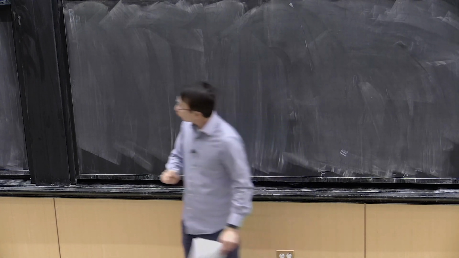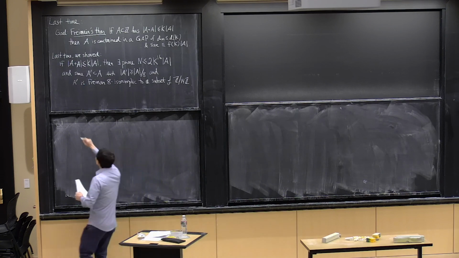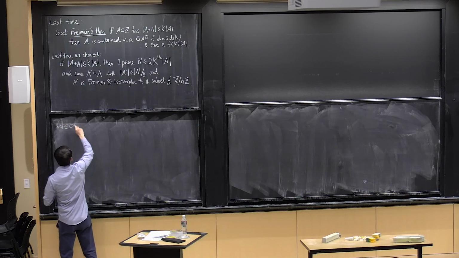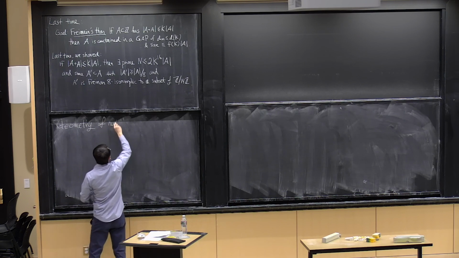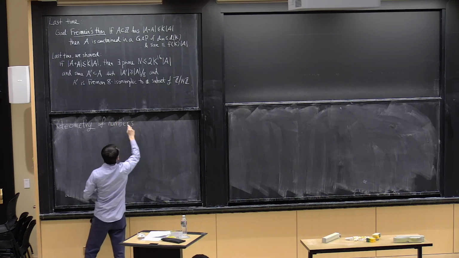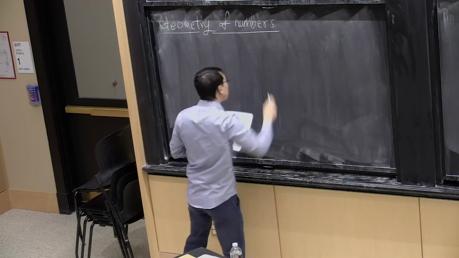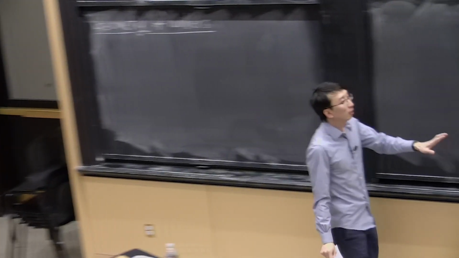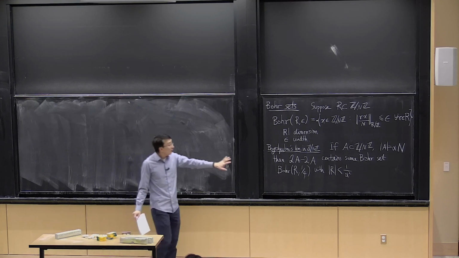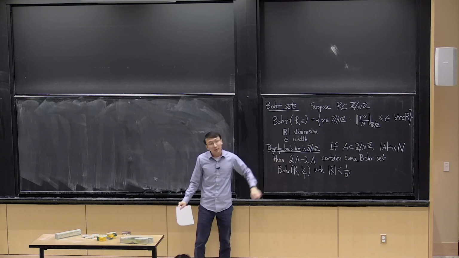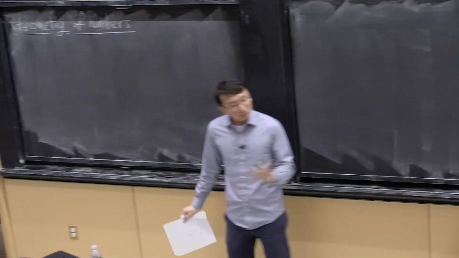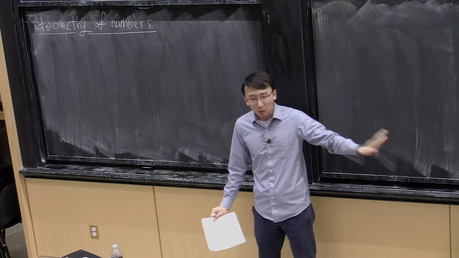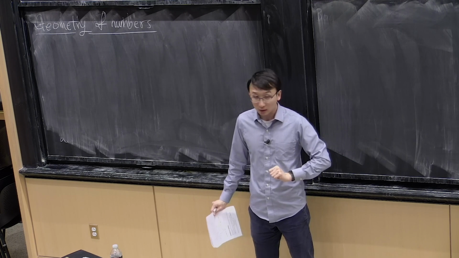But now I want to get into the issue of the geometry of numbers. I want to tell you some necessary tools that we'll need to find a large GAP inside 2A minus 2A. Now, this will seem like a bit of a digression, but we'll come back to additive combinatorics in a bit.